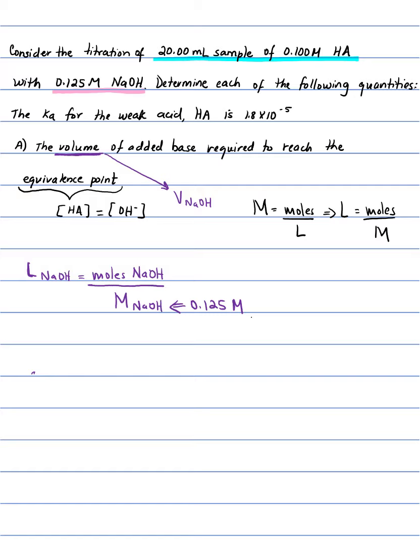So in order for you to find out that volume of sodium hydroxide, you're still missing the number of moles of sodium hydroxide. But in this problem, you have enough information for you to find out the number of moles of sodium hydroxide. If you check the information that you have for the acid, you have a volume and you have a concentration.